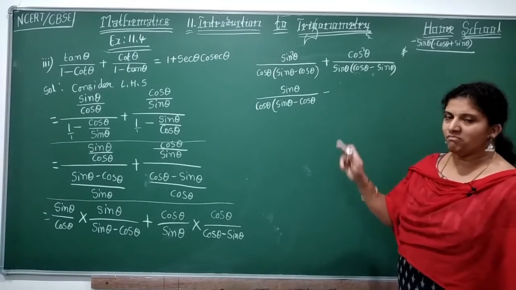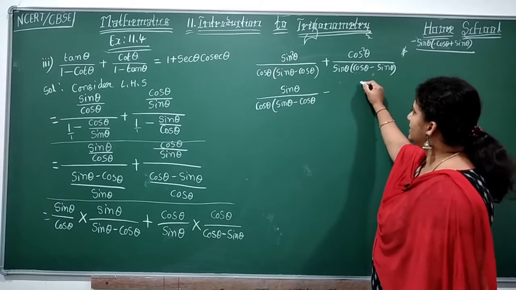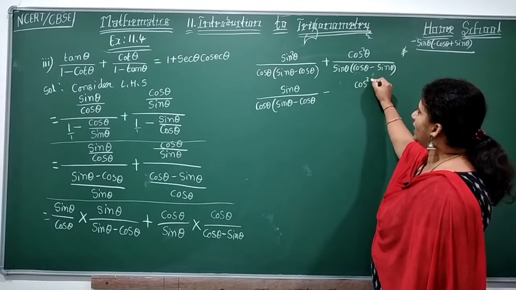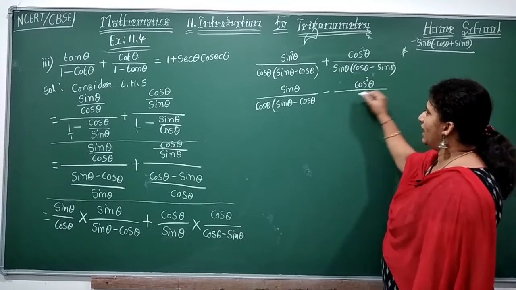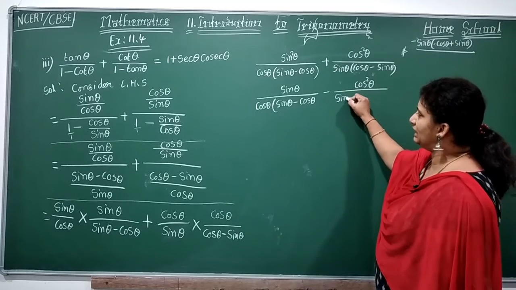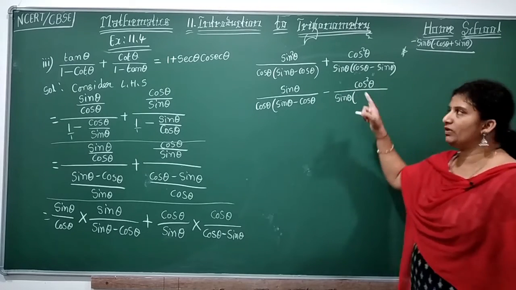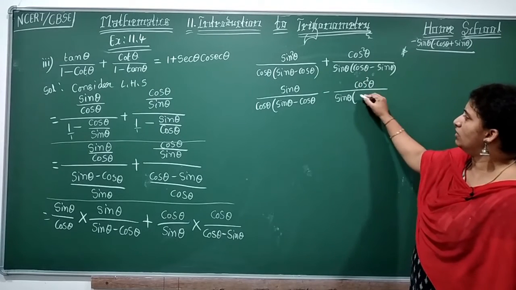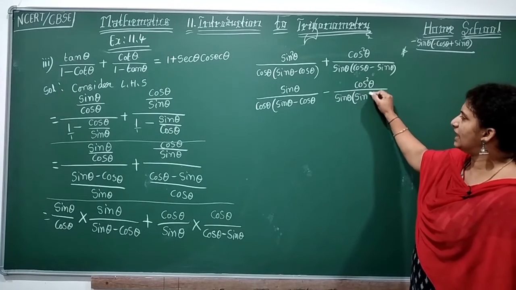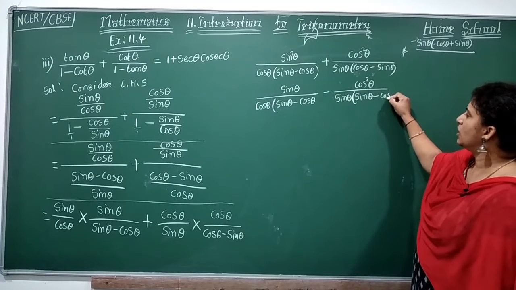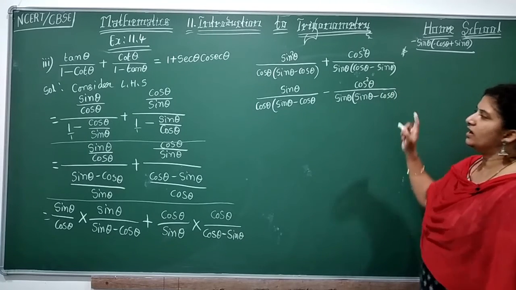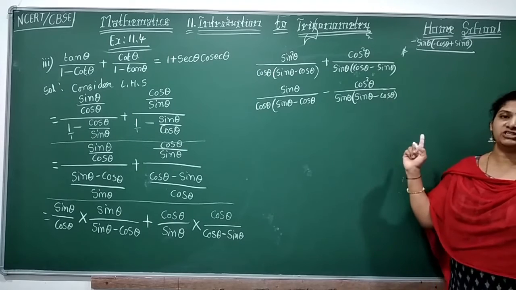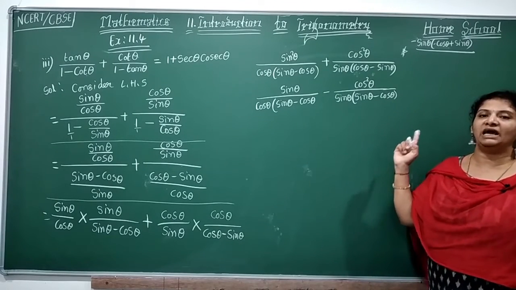Now it became minus cos square theta by sin theta into, okay, plus cos theta, what happened here? Minus, no? I will rewrite this set as sin theta minus cos theta. So this step, once again I repeat children, most of the children will be confused.